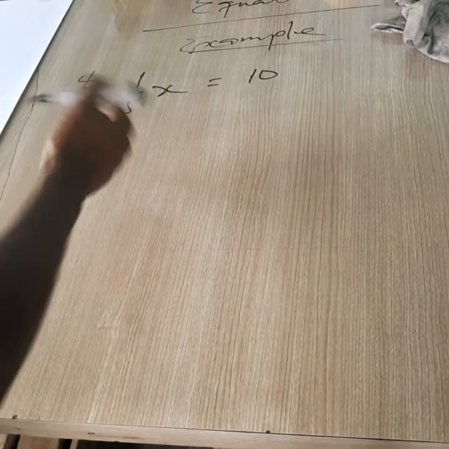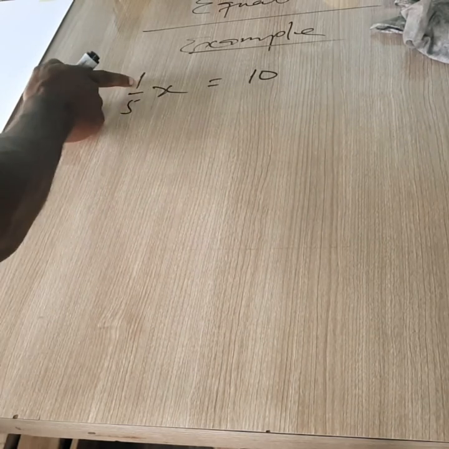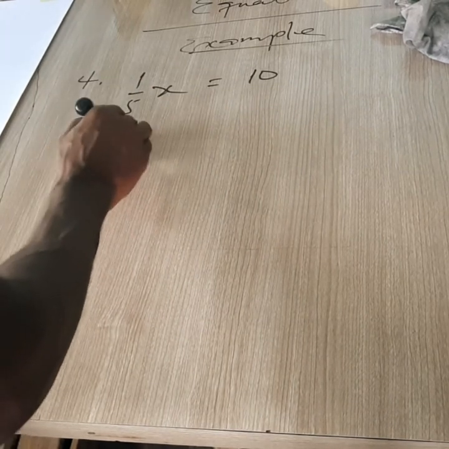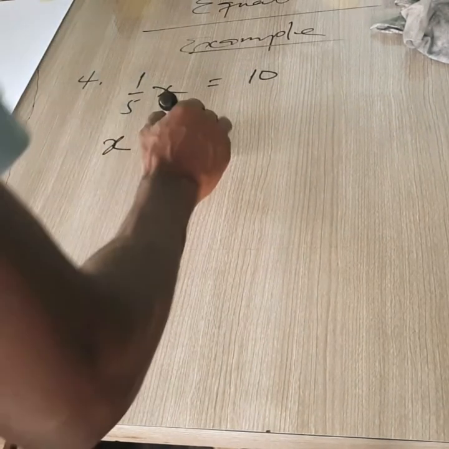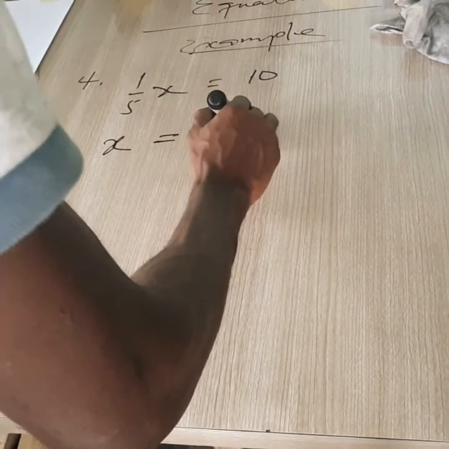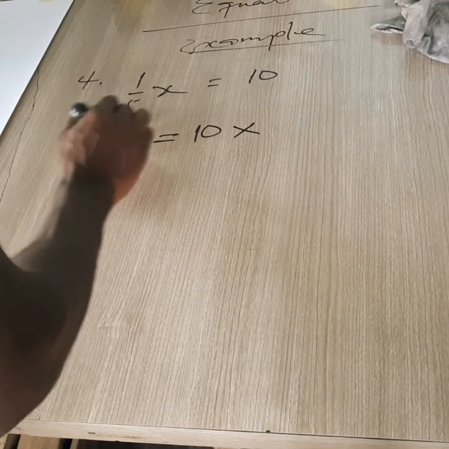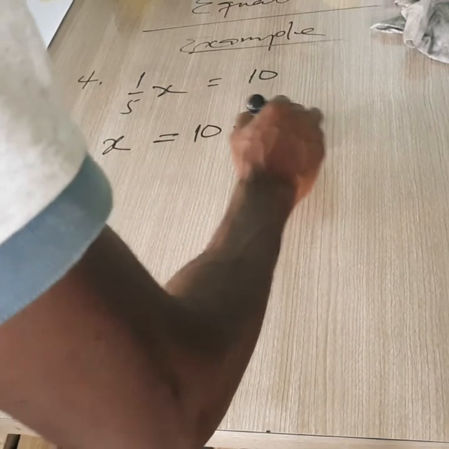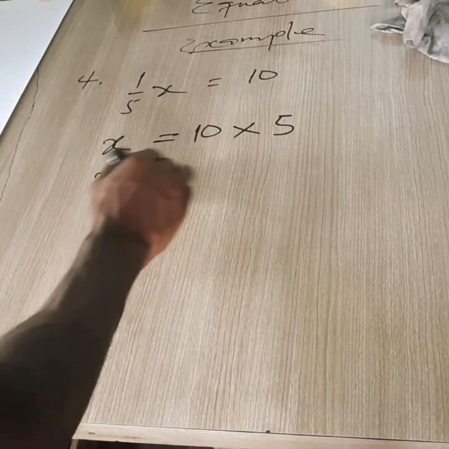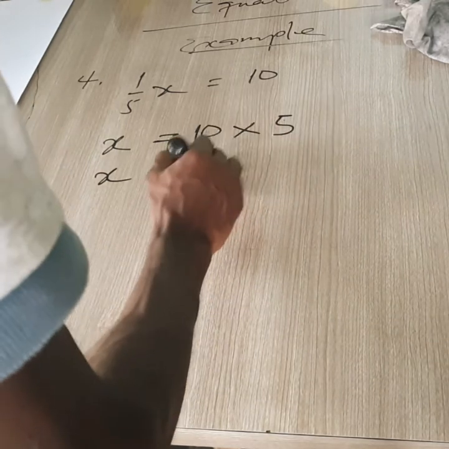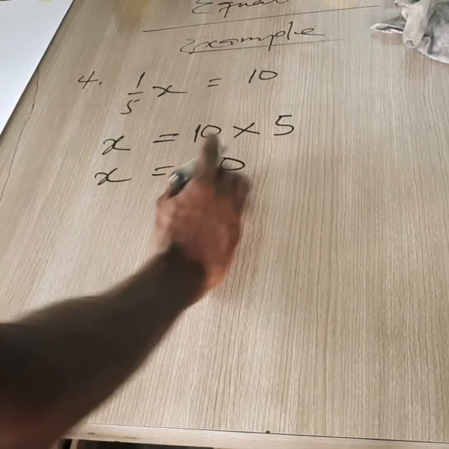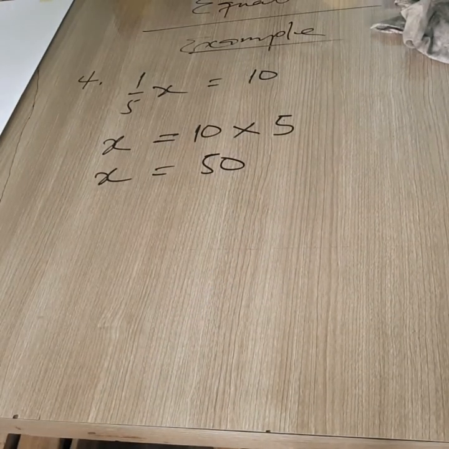So we now have 1x, but we don't write 1x, we write only x equal 10 multiplied by the denominator, which is 5. So we write 5 here. Now x equal 10 times 5 is 50. Therefore, our x is 50.